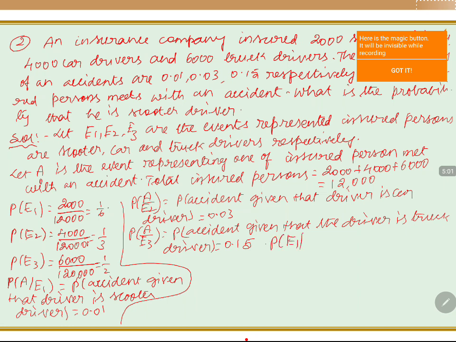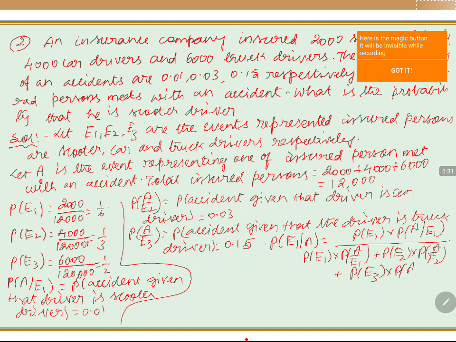Now we'll take the probability by applying the Bayes theorem, that is P of E1 by A is equal to P of E1 into P of A by E1, divided by P of E1 into P of A by E1 plus P of E2 into P of A by E2 plus P of E3 into P of A by E3.